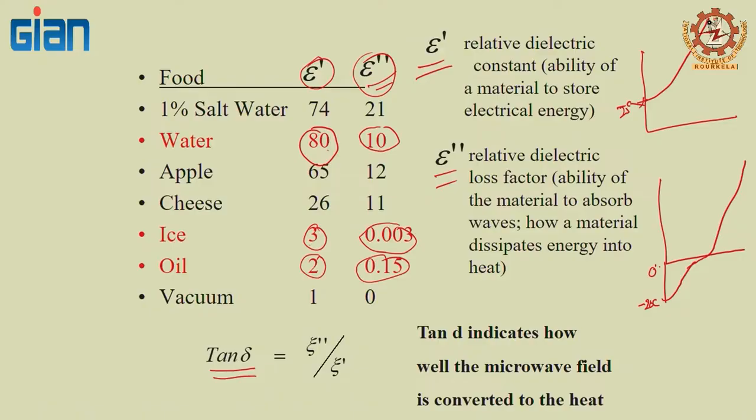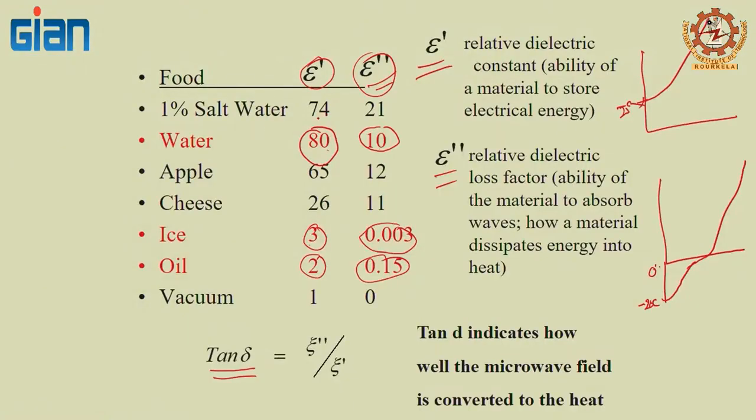So when you consider the overall heating rate of microwaves for oil versus water, you have to take that into consideration as well. The other thing you have to consider here is salt water. When you add salt, the dielectric property is going to decrease, the ability of the material to store the electric energy slightly decreases, but the ability to convert into heat is going to increase.